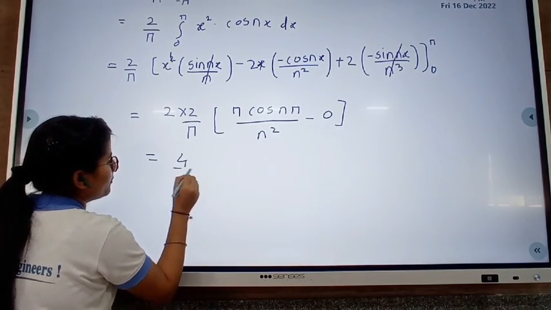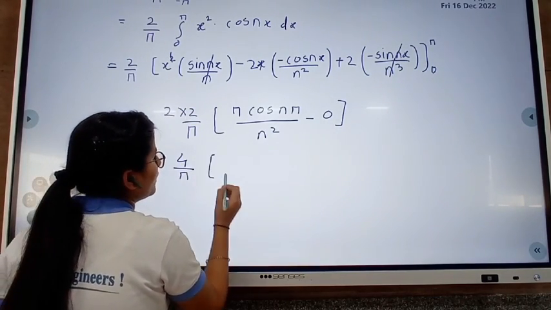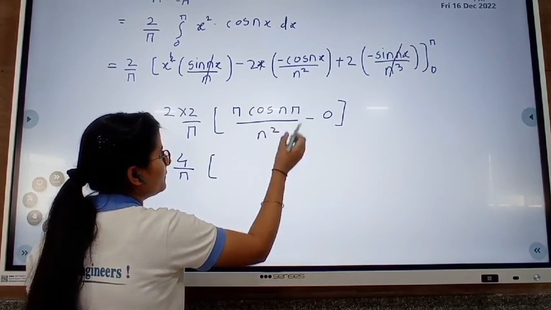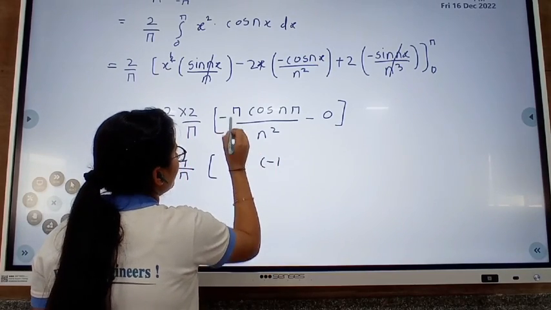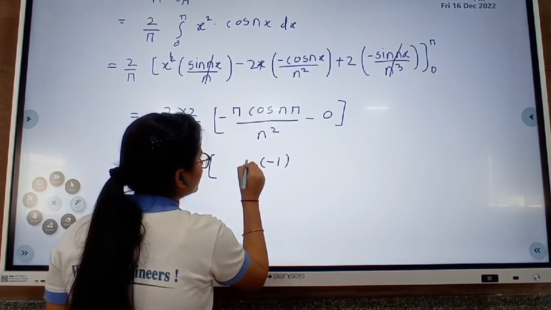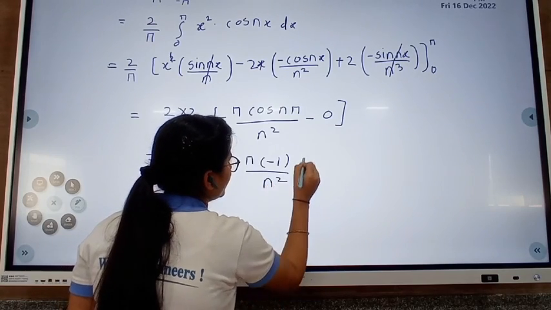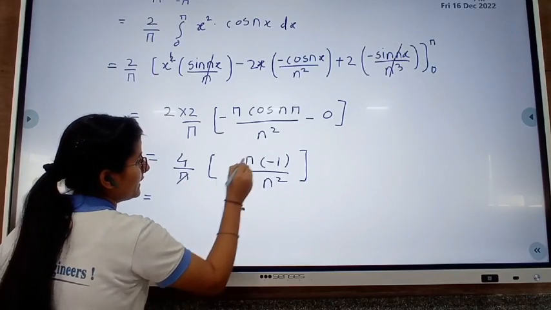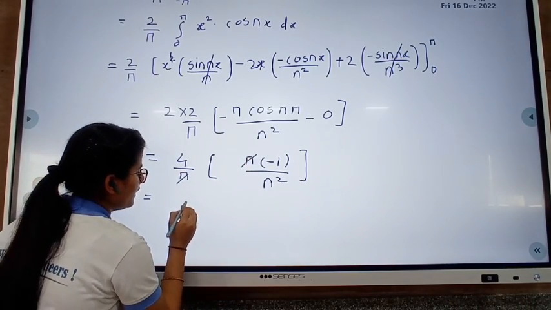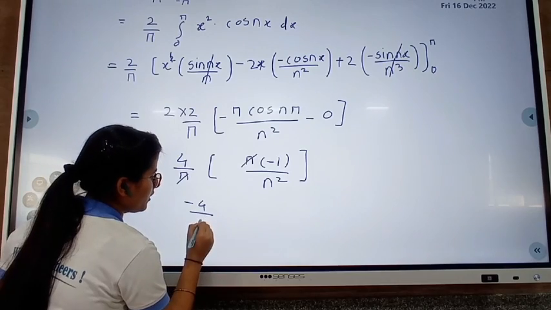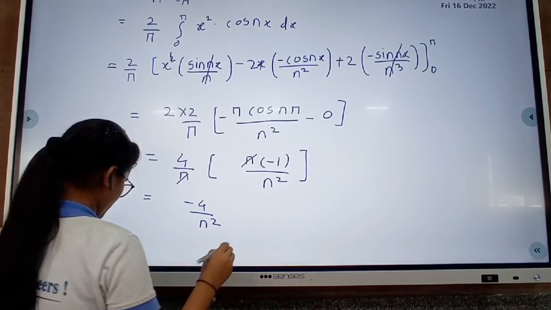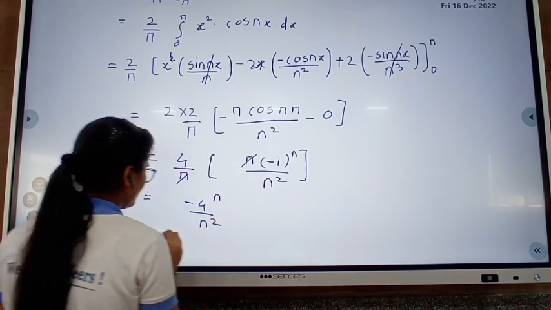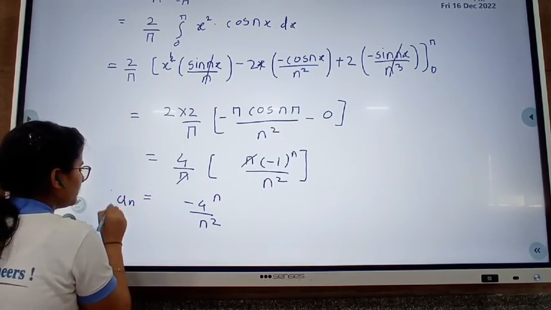Then it will become 4 upon pi, and we know that cos n pi is minus 1 to the n, and this is the pi n square. This pi will get cancelled and it will become minus 4 upon n square. So this is the value of our an.